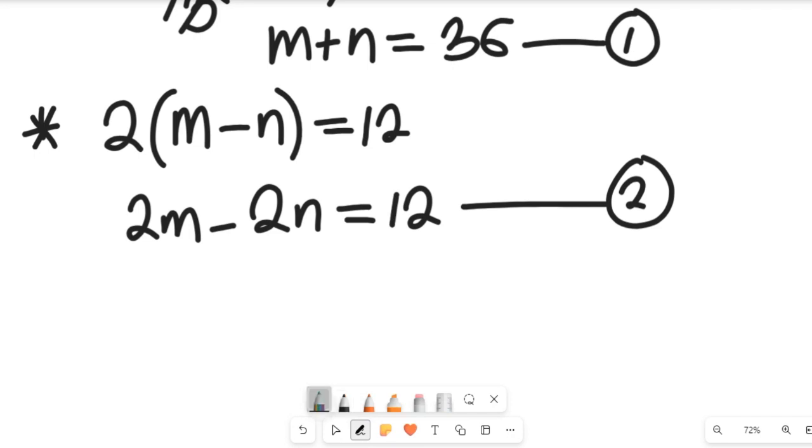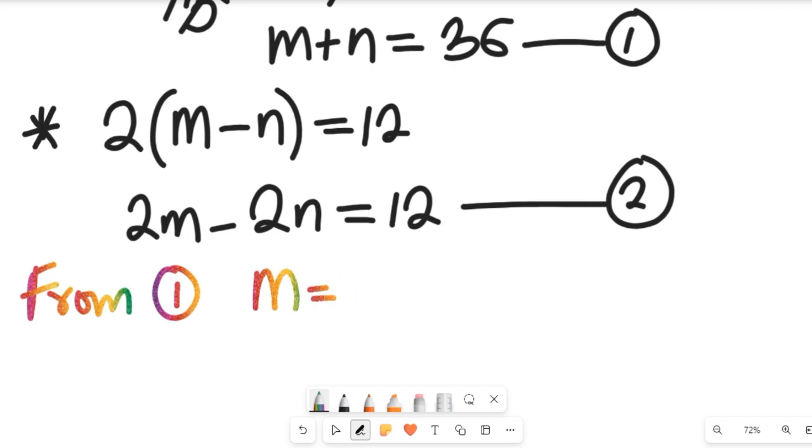From equation 1, we're going to solve them using simultaneous equations. From 1, we find that m can be equal to 36 minus n.